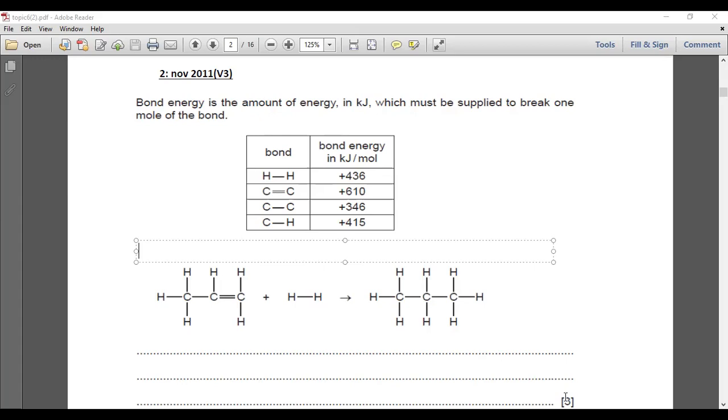Energy out: 8 multiply. Yes, very good, Ashraf. That's okay. Now Ashraf, Kauthar, Ahmad Ramadan. That's okay, Ahmed. Bravo.